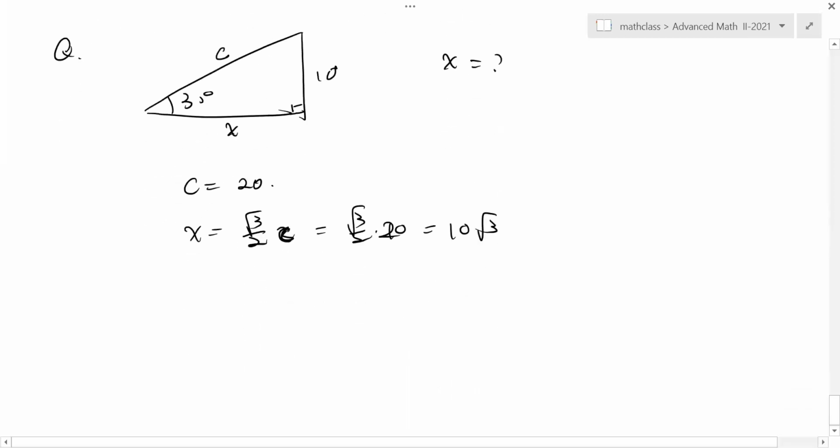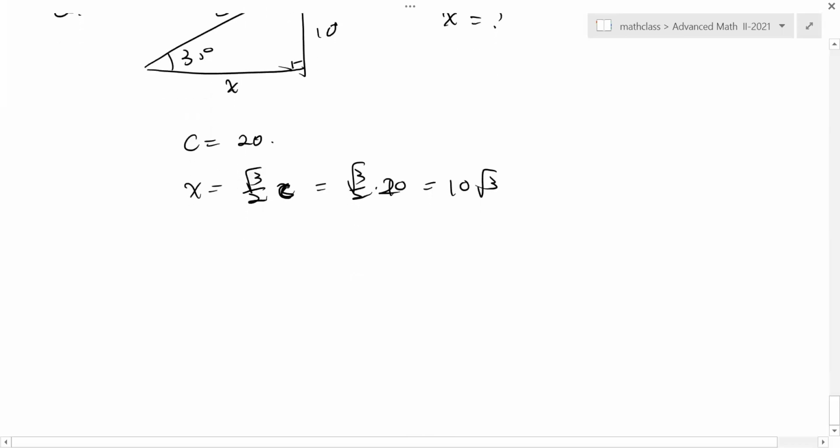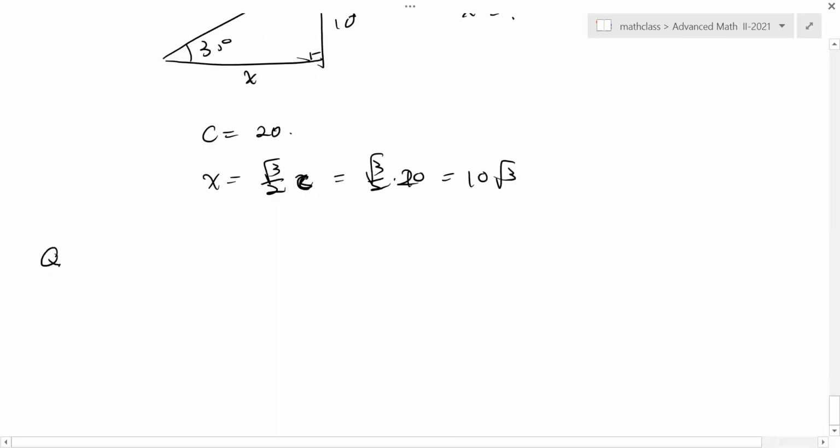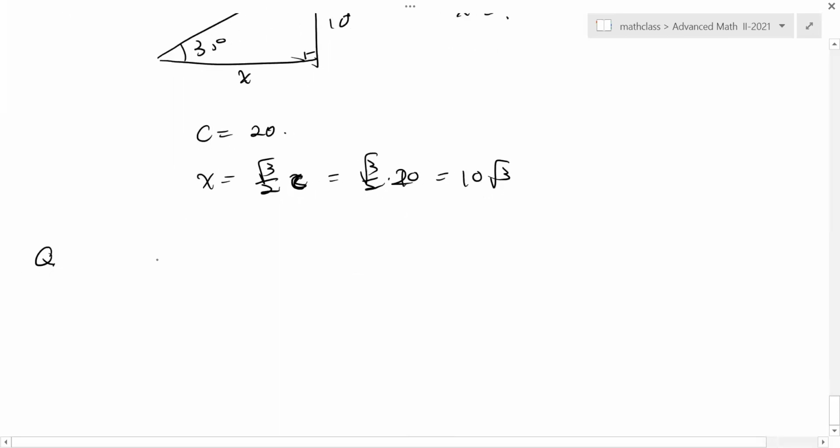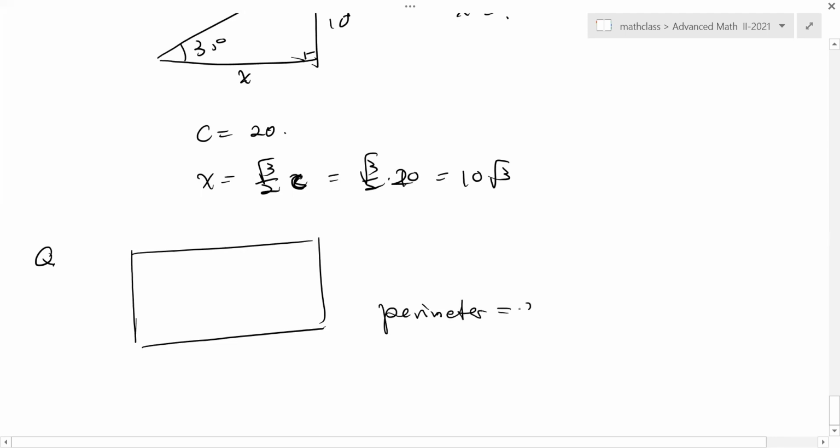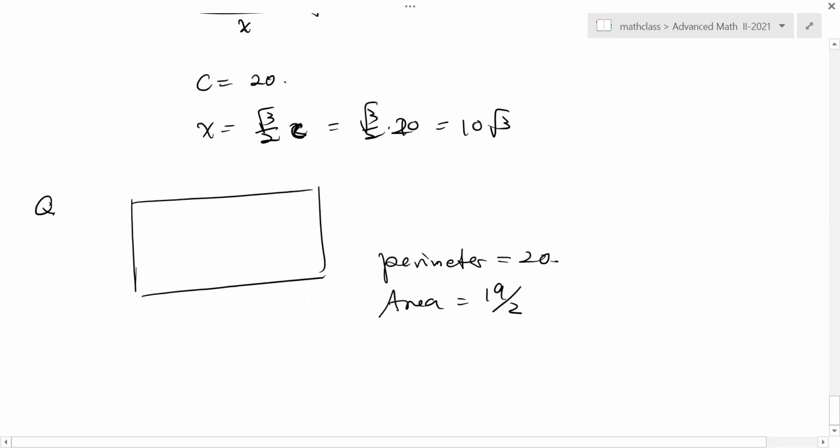Our next problem. My next problem is as follows. Okay, if I know the perimeter of a rectangle is 20, and its area is 19 divided by 2 square inches.